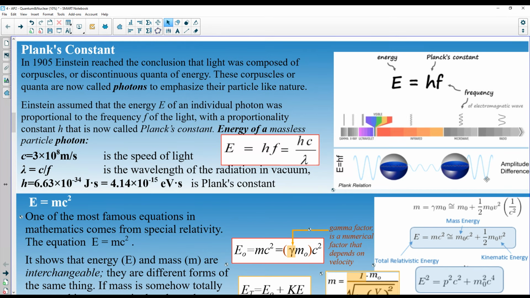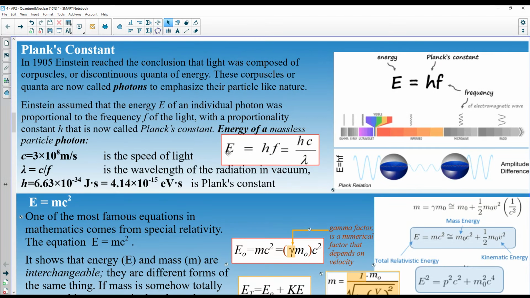If you see the waves going from radio waves to gamma waves, the gamma waves have the shortest wavelength. So the shortest possible would be Planck's constant, which cannot be any smaller; you cannot go any farther than that.